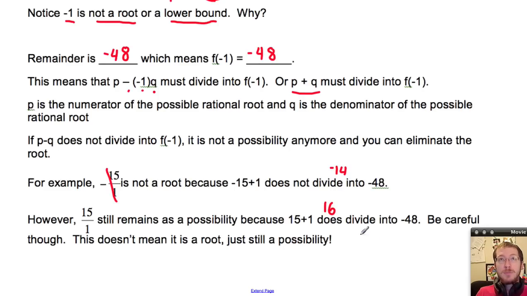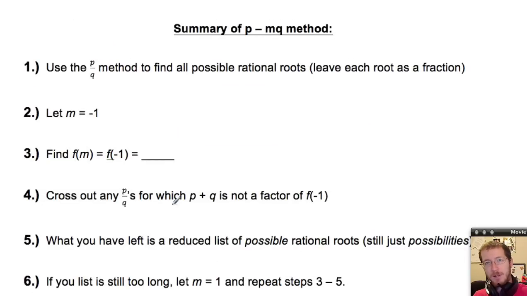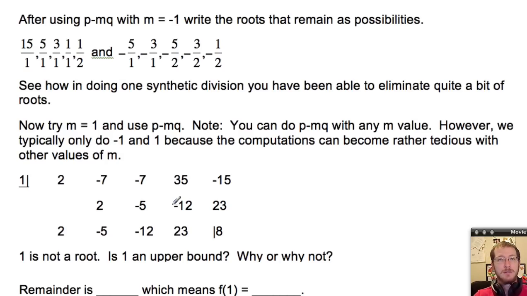So this doesn't make it a root, but it's still in the running. It made the first cut. So it's still a possibility. So we want to either circle it or just leave it alone. Don't cross it out. So we can go through each of our possible roots and just add the top and the bottom, see if they're a factor of, in this case, 48, and then we've kind of narrowed down our list to a much easier to manage list.